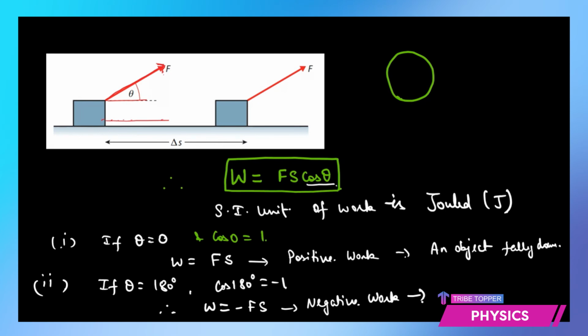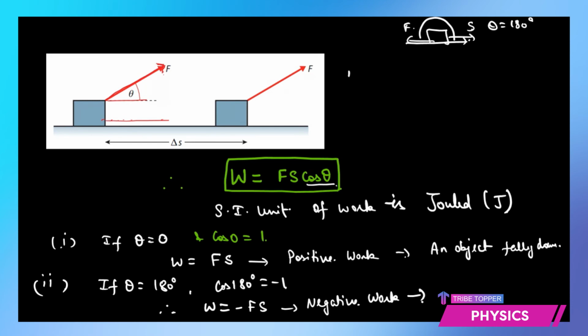Friction opposes the motion. So if an object is moving in the forward direction, friction pulls it back. So S happens forward and the force of friction pulls it backward. So theta is 180 degrees, right? That will produce a negative work.